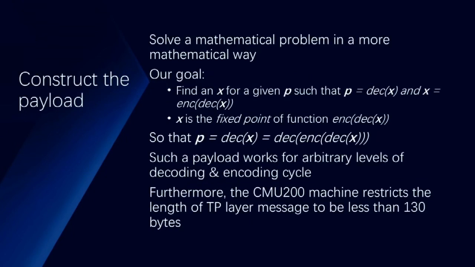As hackers trying to solve a mathematical problem, we always want to solve it in a more mathematical, more elegant way. So we adjust our goal to this: we are trying to find an x for a given p such that p equals decode(x), and x equals encode(decode(x)). So x is actually a fixed point of the combined function encode(decode(x)).